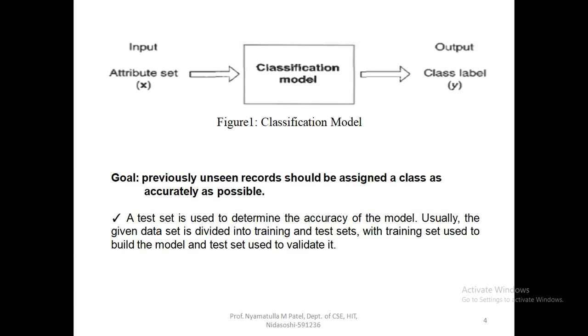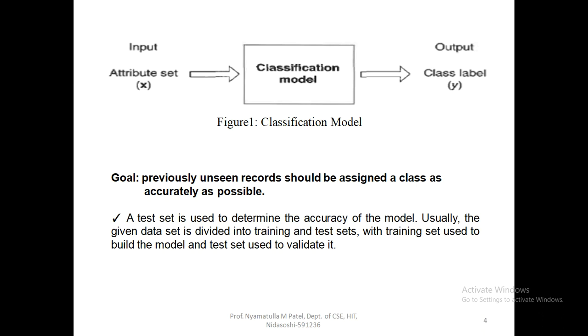Usually the given data set is divided into a training set and a test set, with the training set used to build the model and the test set used to validate, as I told before. Initially we'll take a training data set, give it to the classification model, take all the attributes and classify them into different classes.